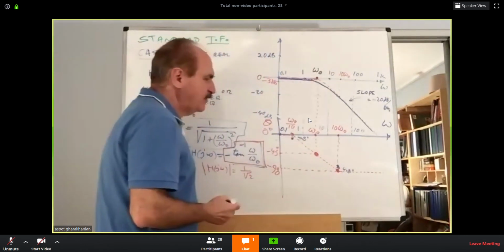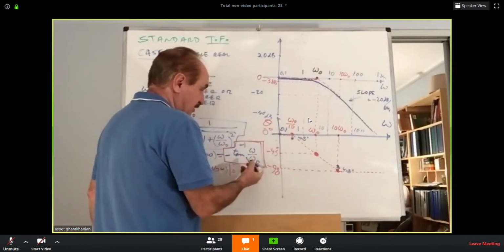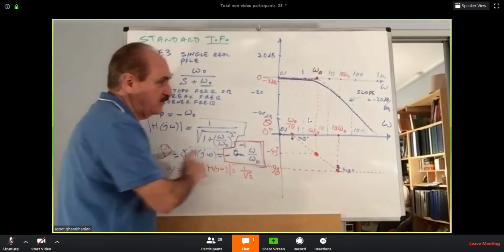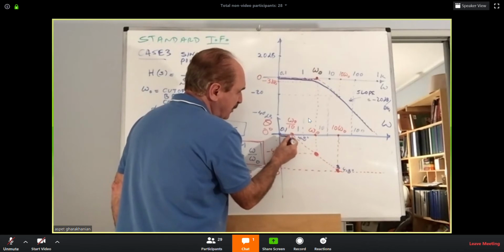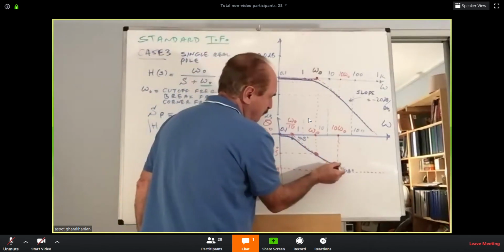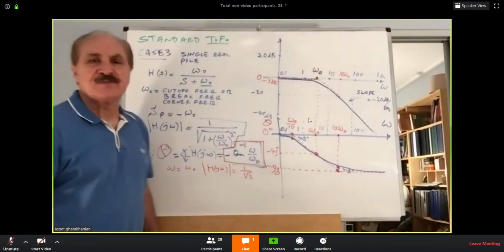Now we have a pretty good idea how the function is going to look. The solid smooth curve of the angle versus the variation of omega is going to be tangential here, passing through here, passing through that point, passing through here, and asymptotically approaching there.